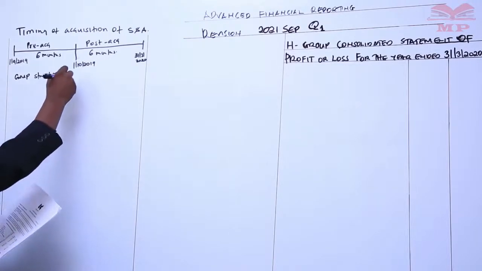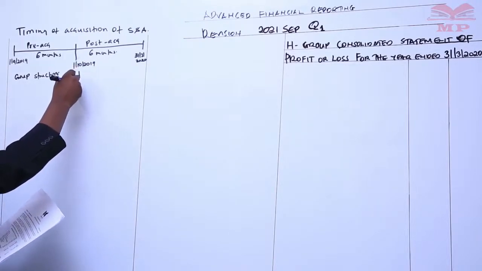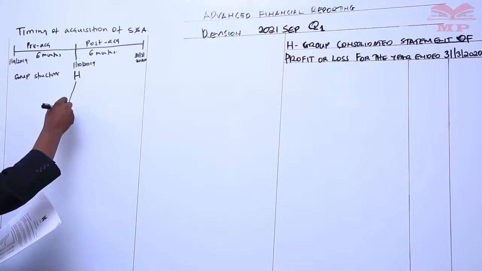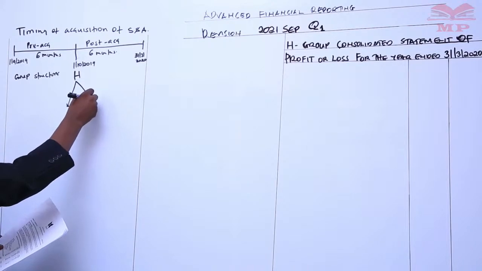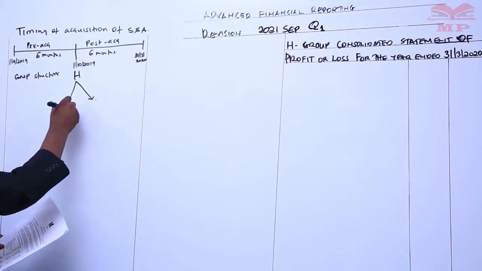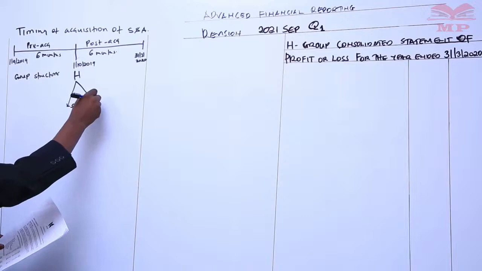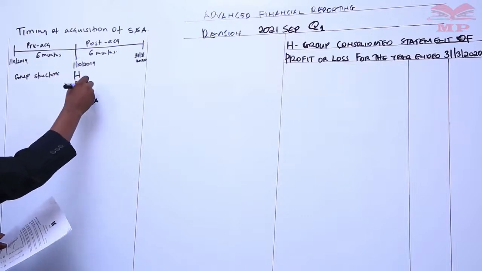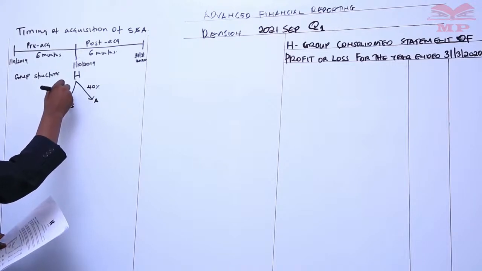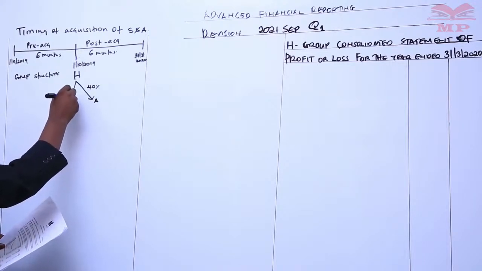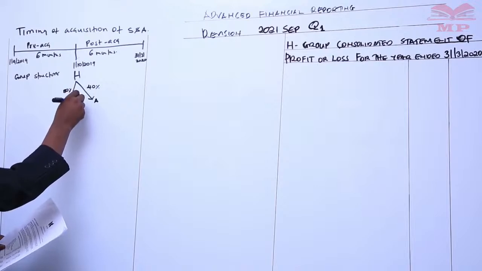So we have here H, this is the group structure, and H relating to S and A. A is 40% and S is 80%. That means that NCI is 20%.